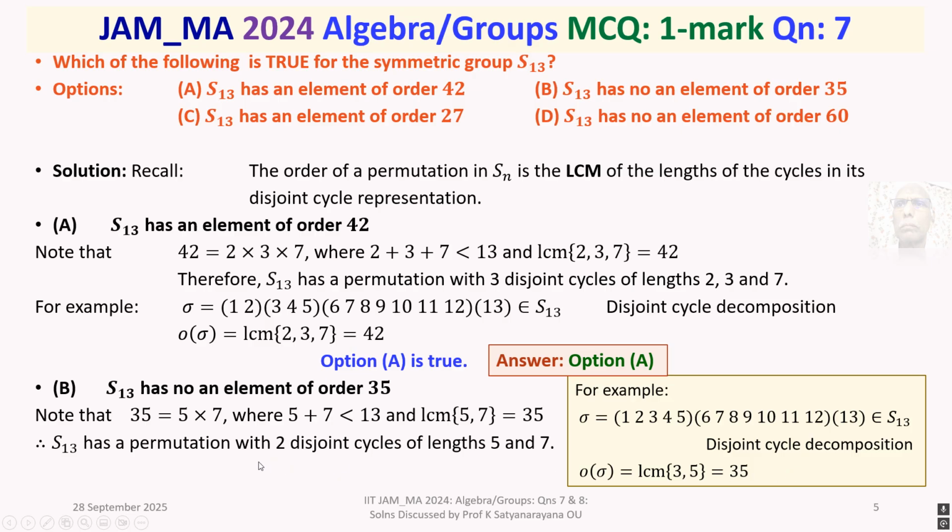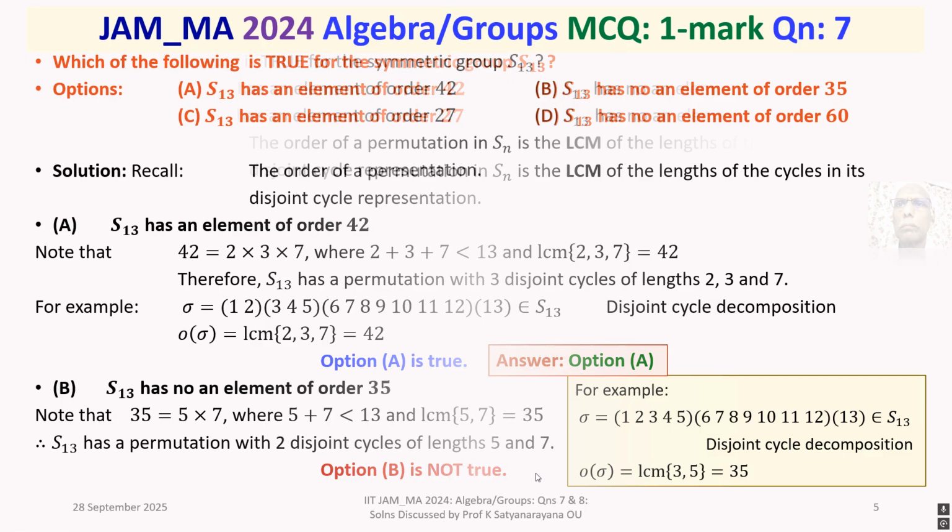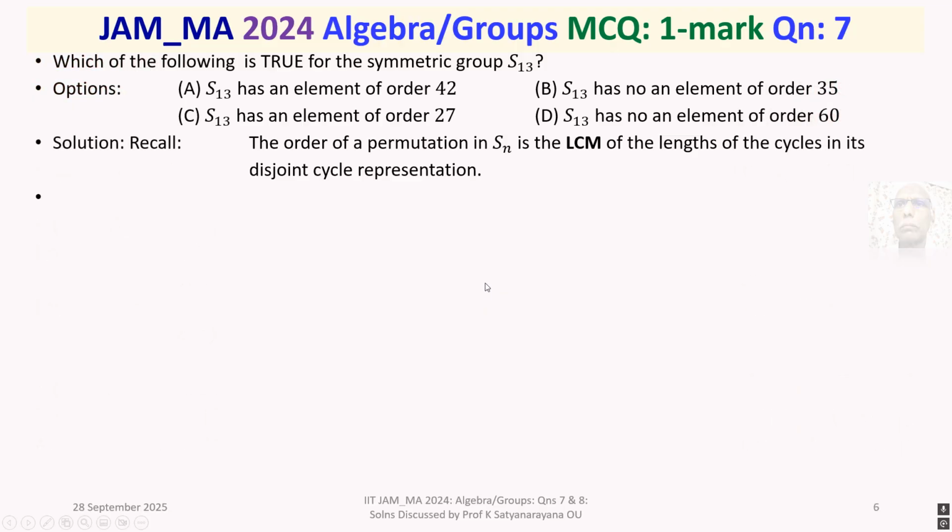So there is a permutation in S13 that has order 35. Therefore, option B is not true. We move to the next slide.